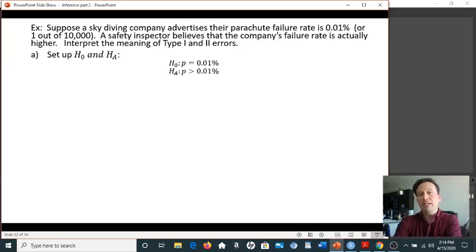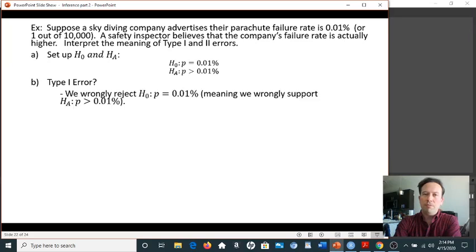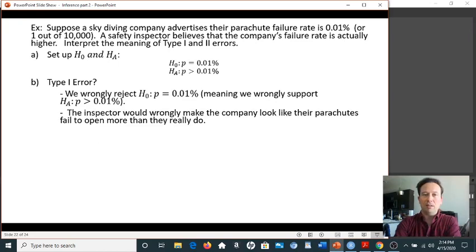Now, let's interpret type 1 error. Remember, the type 1 error is when you wrongly reject the null hypothesis, meaning you wrongly support the alternative hypothesis, okay? So what would happen there?